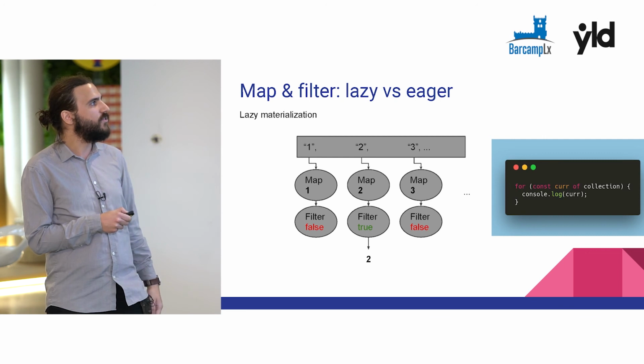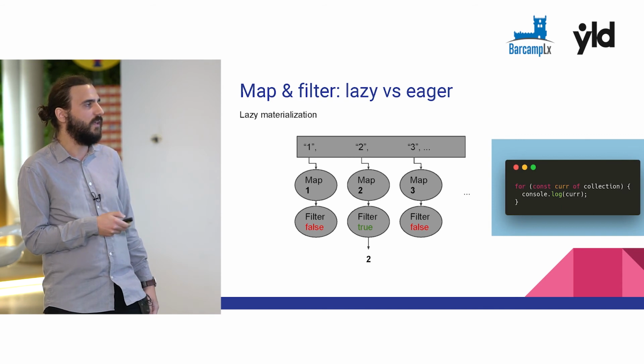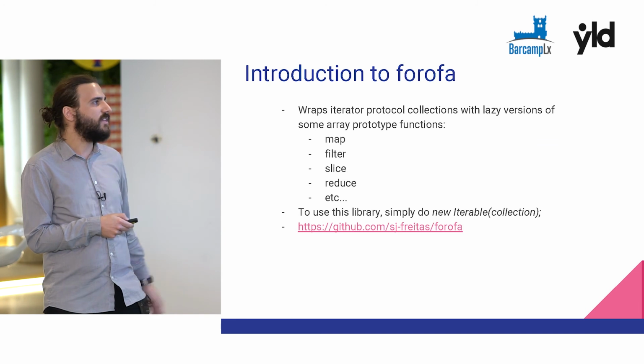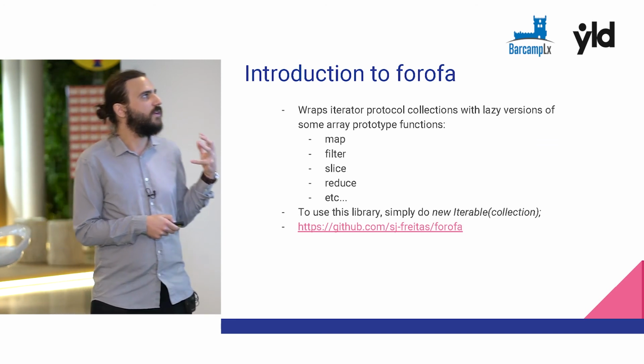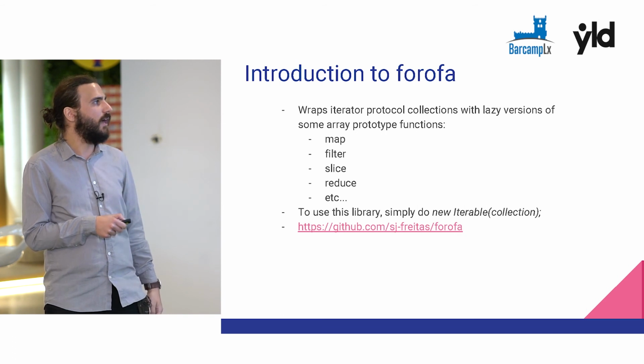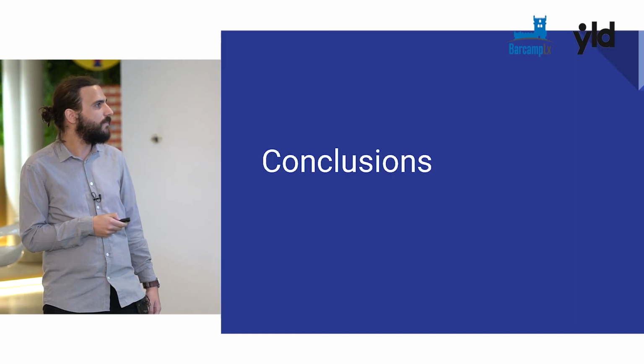And here you see, you iterate to the next one, 2, you map 2 to the number, and it's an even number, so you return 2, and you show 2 here, and so on through the whole collection. As I said, Farofa implements quite a few of the JavaScript native array transformation functions. You can check the library here.